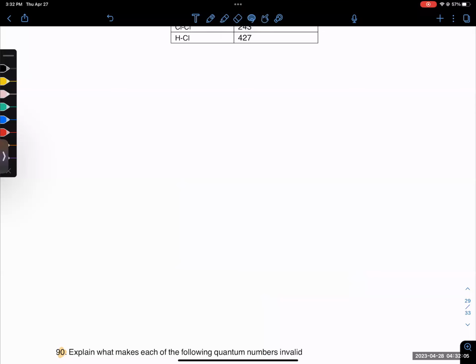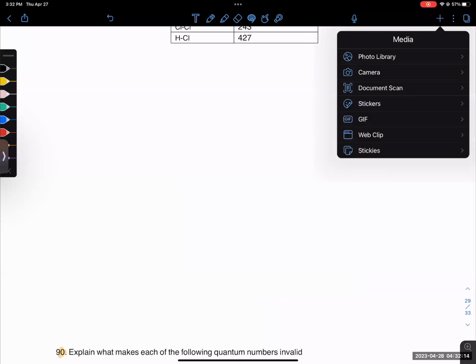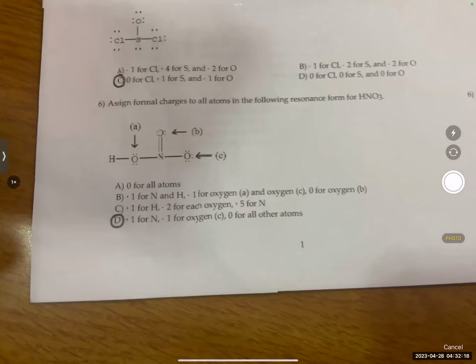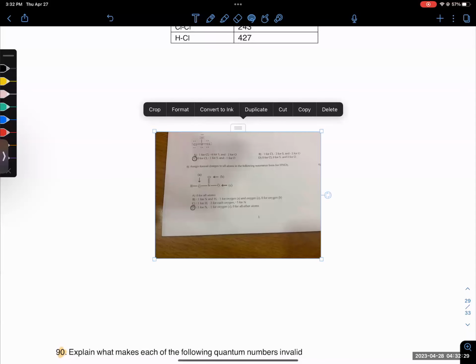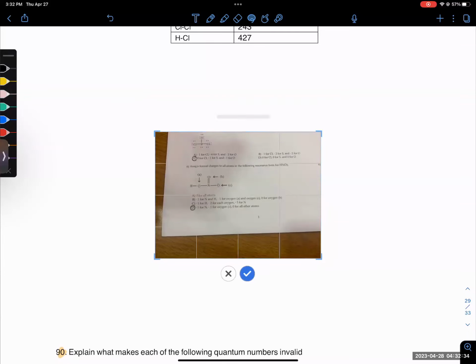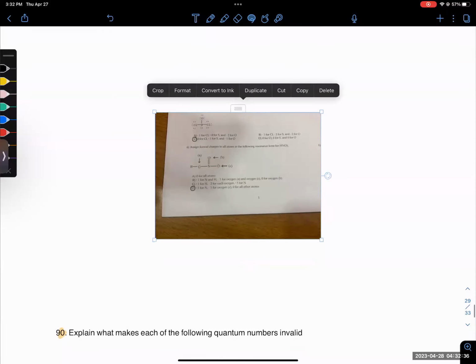Alright everyone, let's settle down. Somebody asked about question 6. Whoever asked, yes, okay, perfect. Let's crop this up a little bit.